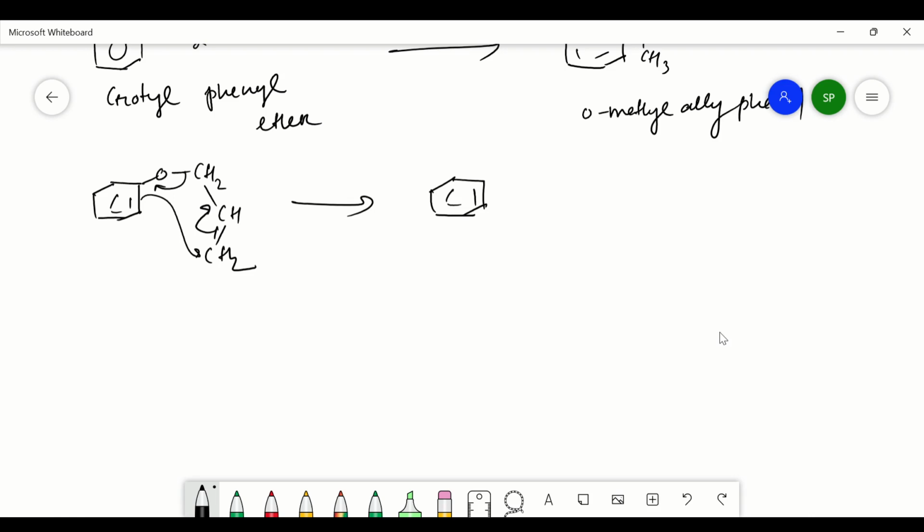Okay, this will be O double bond, with one hydrogen already attached and CH2 single bond CH double bond CH2.